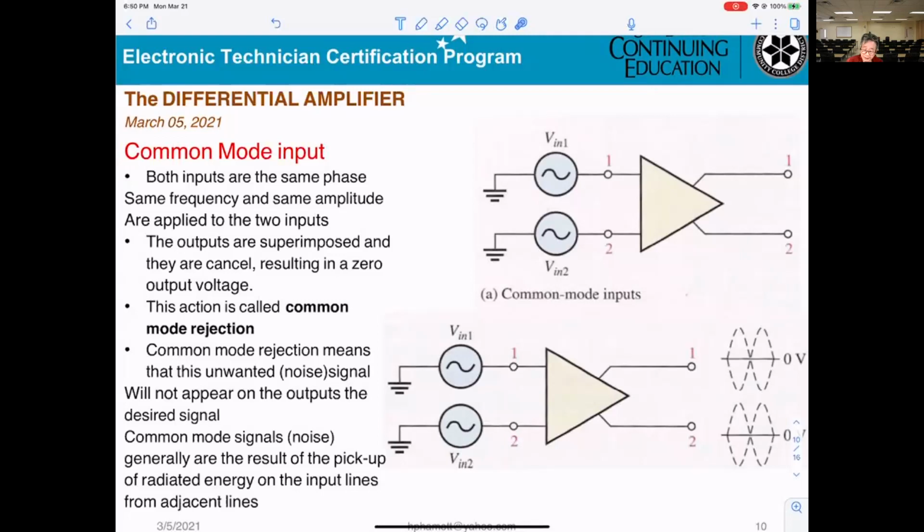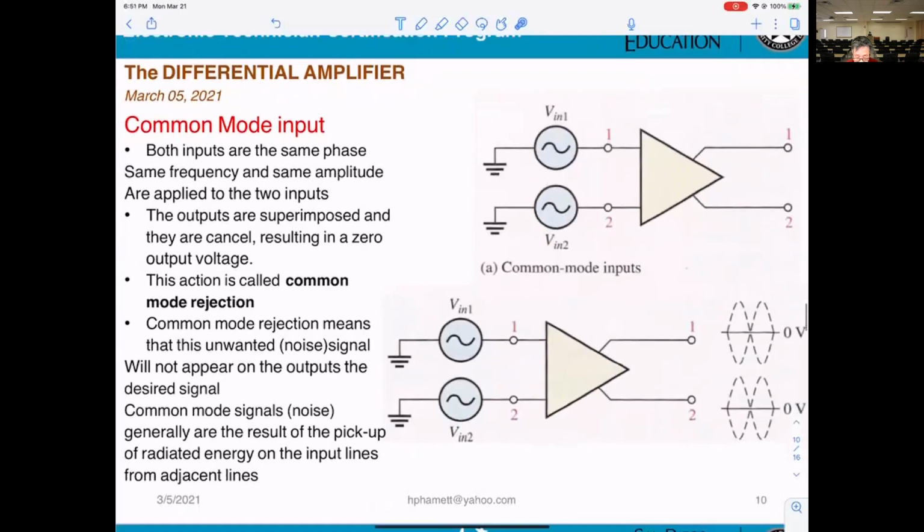This signal has equal amplitude and frequency, and is considered to be the noise, the unwanted signal. You don't want that signal, like the radiation from the power outlet. So they get the noise, and they want that to cancel out.